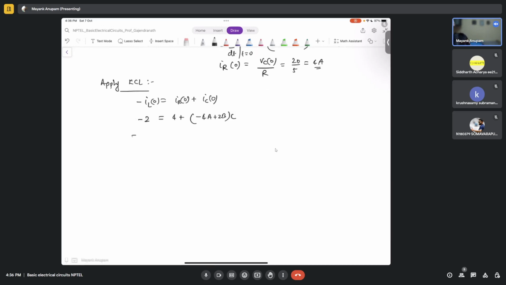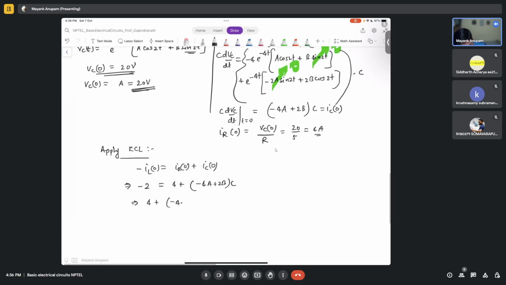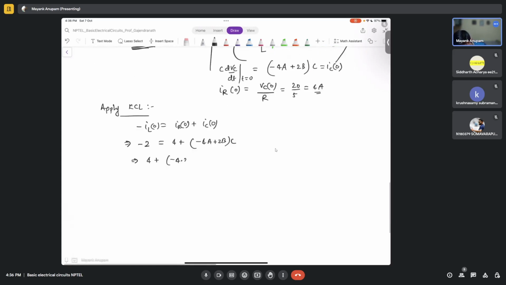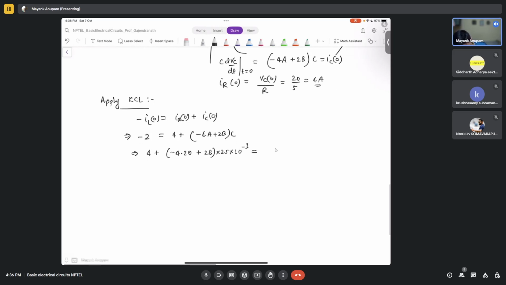So let's replace some values here. Minus 2 is equal to 4 plus, minus 4 and what is the value of A? We calculated A here, right? It is 20. Minus 80 plus 2B, times C, which is 25 millifarad, has to be equal to minus 2, isn't it?